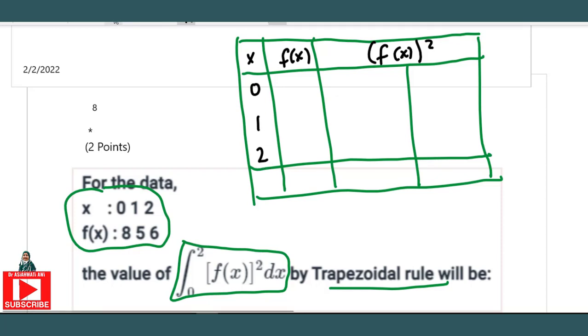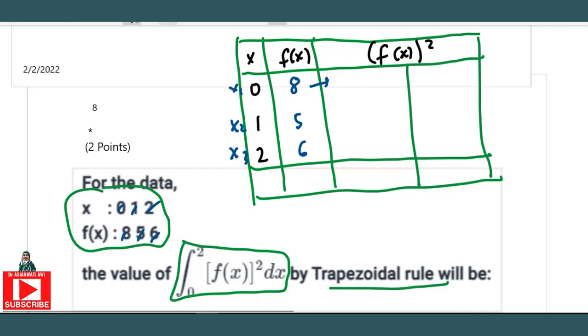When x is equal to 0, f(x) is equal to 8. When x is equal to 1, f(x) is equal to 5. And when x is equal to 2, f(x) is equal to 6. This is x1, x2, x3.